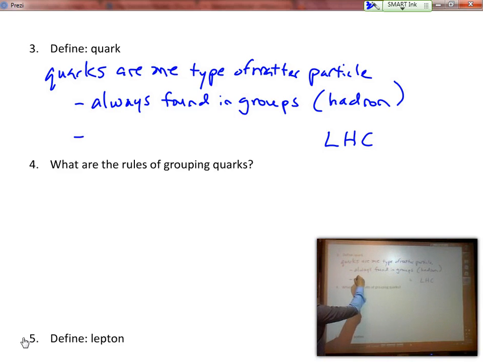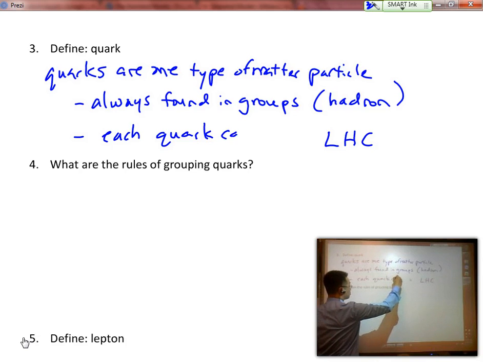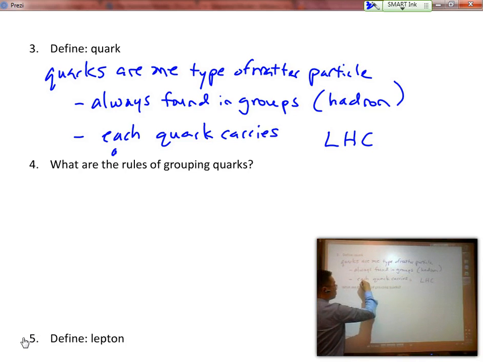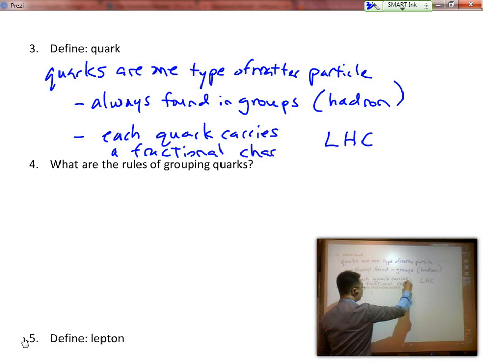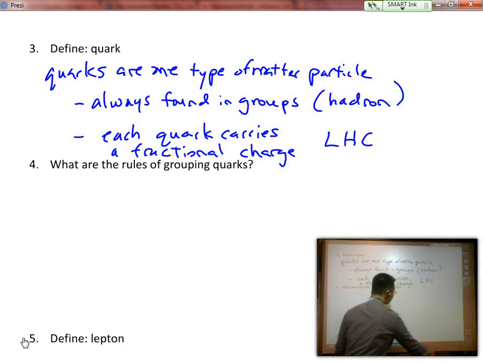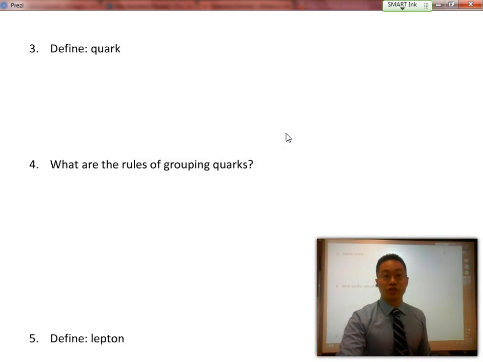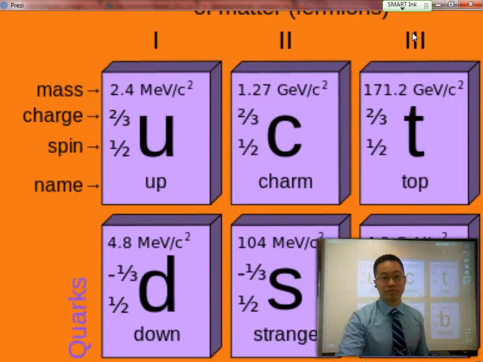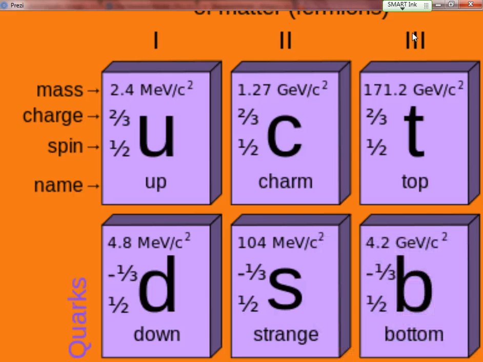And each quark always carries a fractional charge. So we take a look at our chart again. Okay, notice that the top row, up, charm, and top, each carry a charge of plus 2/3.